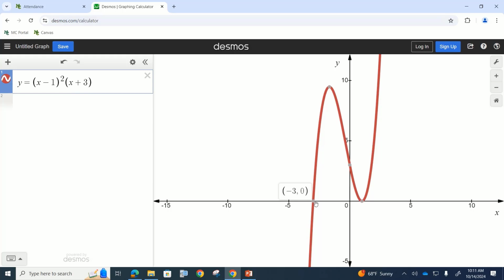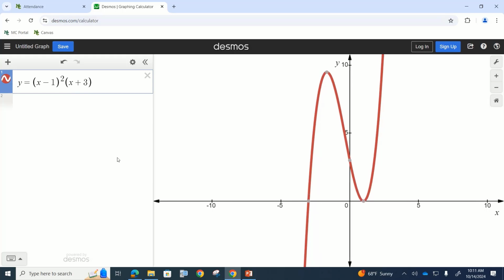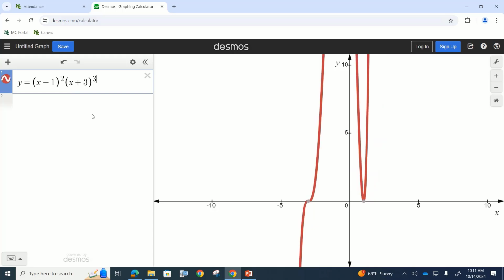And again, I love Desmos. I'm glad I'm not teaching math 30 years ago when you didn't have Desmos. But you can see, even if I choose a different odd number, like now this root here at x equals negative 3 has a multiplicity of 3 because of that exponent 3 there on the corresponding factor.